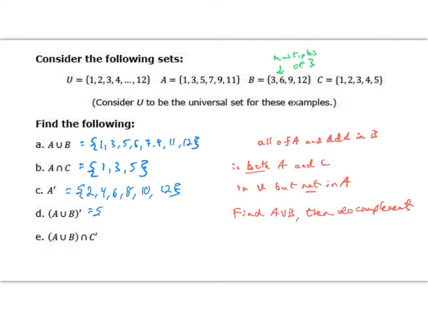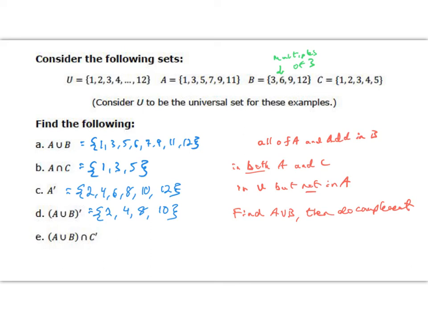So if 1 is in the set, then it can't be in the complement. 2 is definitely in there, in the complement of the union. So is 4. You could probably make the case that 8 and 10 are in there as well. So 2, 4, 8, and 10 are what are in the complement of the union.